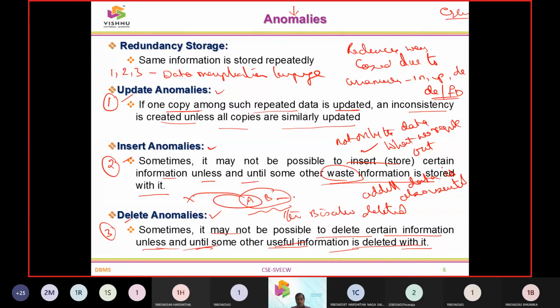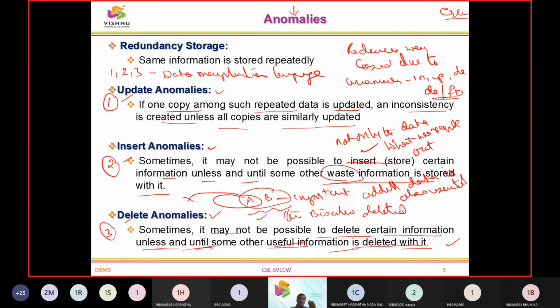But B is important. That means when I delete A, the items which are linked to A are also going to be deleted. So that leads to a term called a delete anomaly.